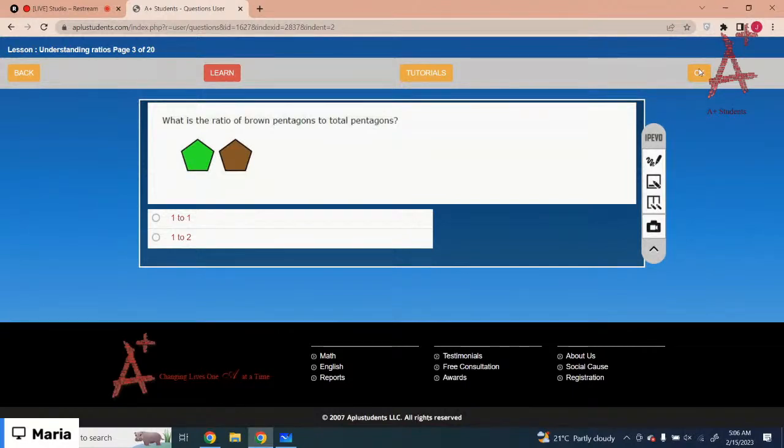You have one brown and two total. Just one of them is brown and in total they are two. So it would be 1 over 2. Got it? The ratio is 1 to 2. The brown to green is 1 to 1. But brown to total is 1 to 2. Got it?